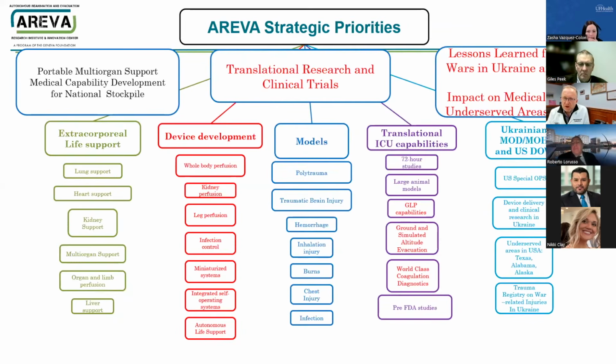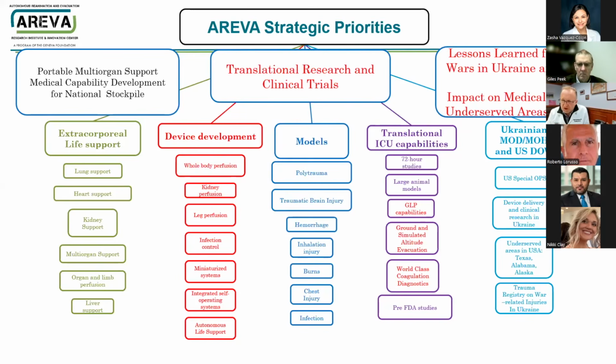So we look at various applications of nitric oxide to extracorporeal life support capabilities. We involve it in device development. We use it and plan to use it in a variety of models, from polytrauma to traumatic brain injury, so not exclusively for lung injuries, but to date we have used it primarily in lung injuries, primarily ARDS models due to trauma or other conditions.